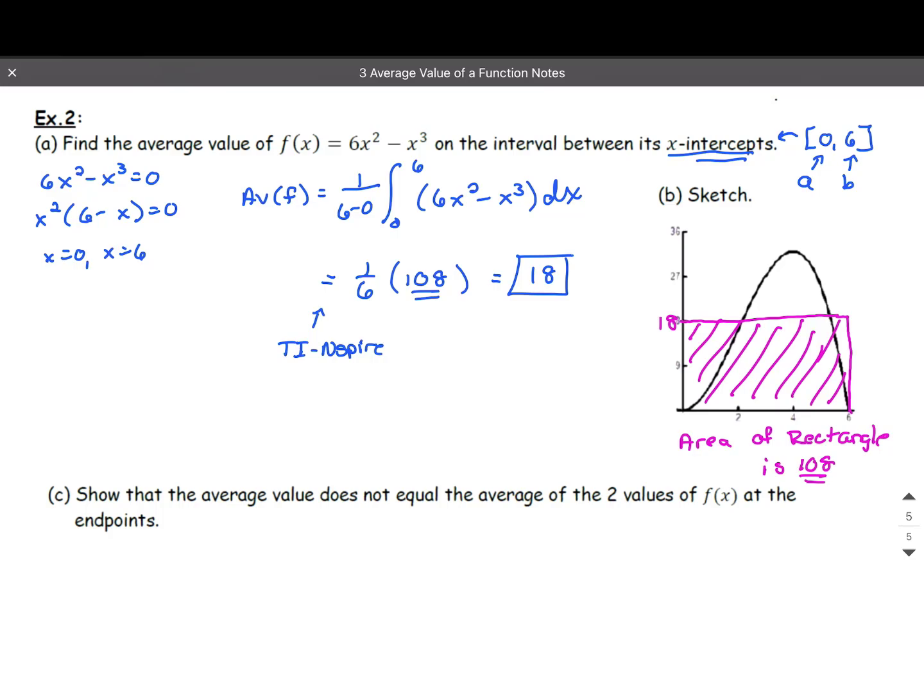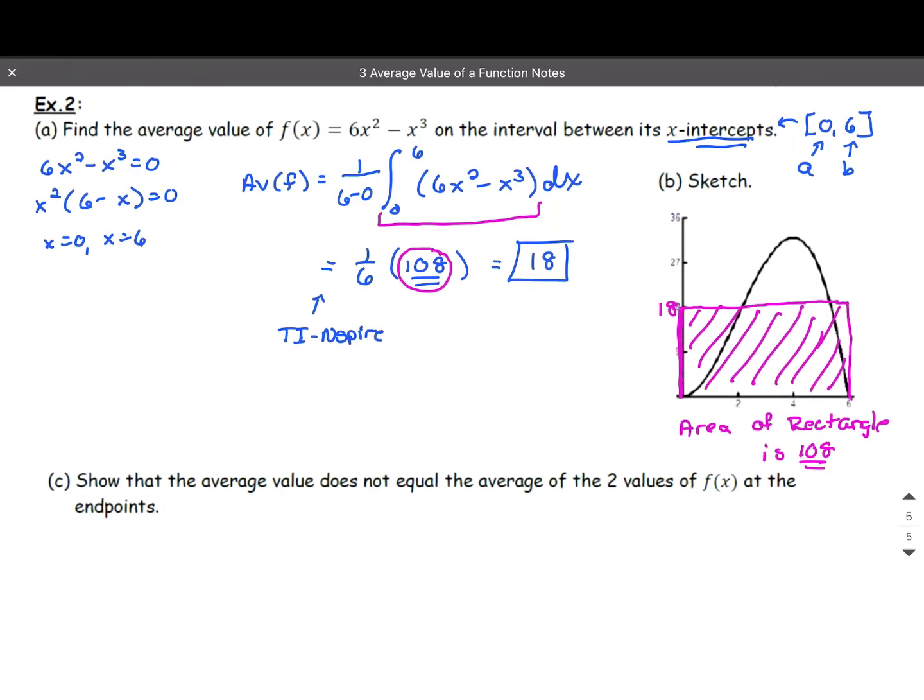That's the definite integral. So notice it's equal to the value of the definite integral, okay? Not the average value. This average value is the height of the rectangle that has the same area as the value of the definite integral, okay? That's what that means.